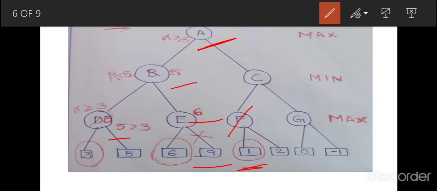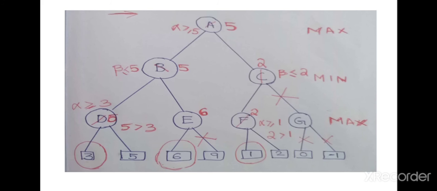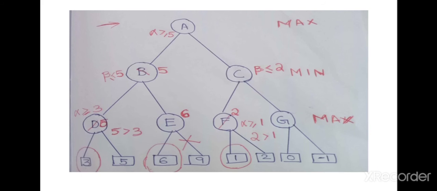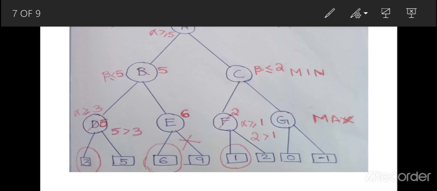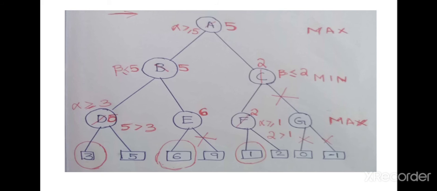So node F becomes 2 and that value is passed to C. Now, because there is a minimum, the condition is beta should be less than or equal to 2. And here we are not considering this path.